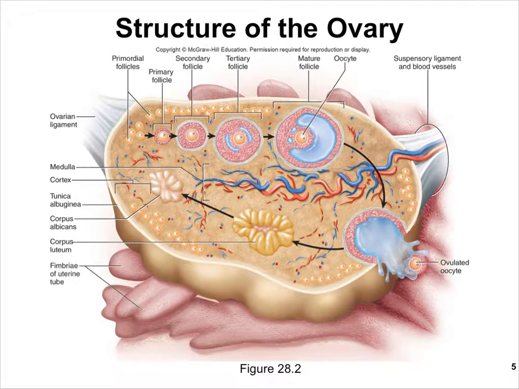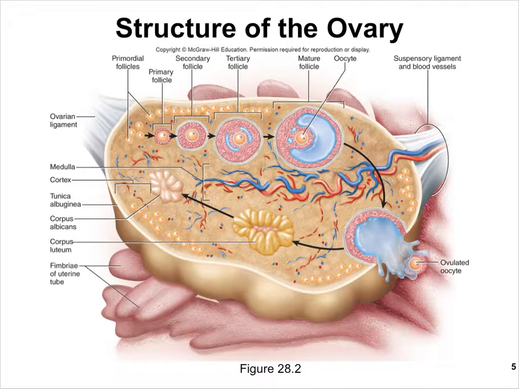Every month, several eggs will develop into follicles. However, typically, only one will be selected to go on to ovulation. And during ovulation, the mature follicle will push itself against the uterine wall.